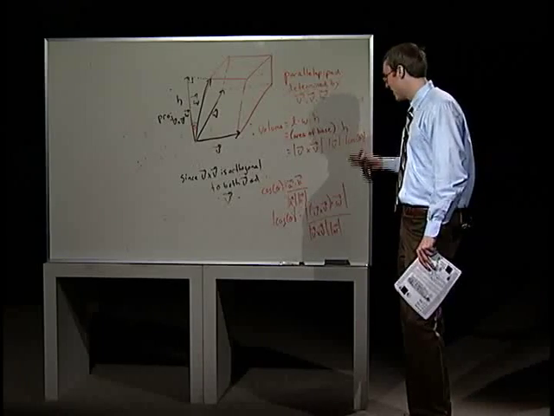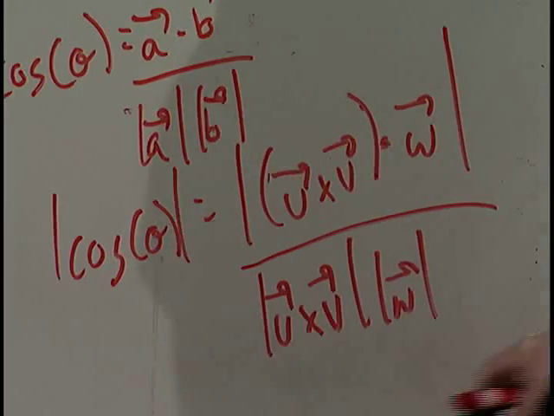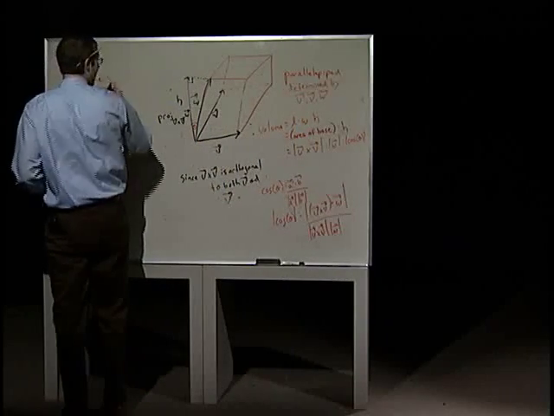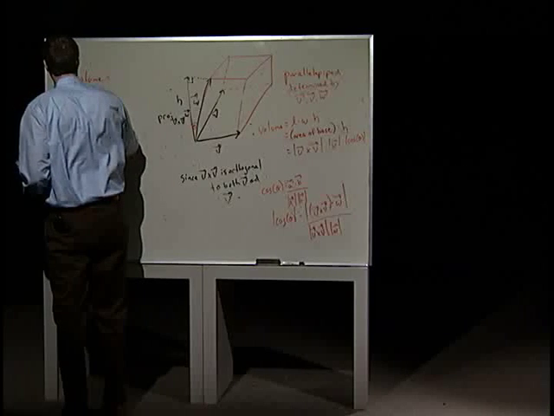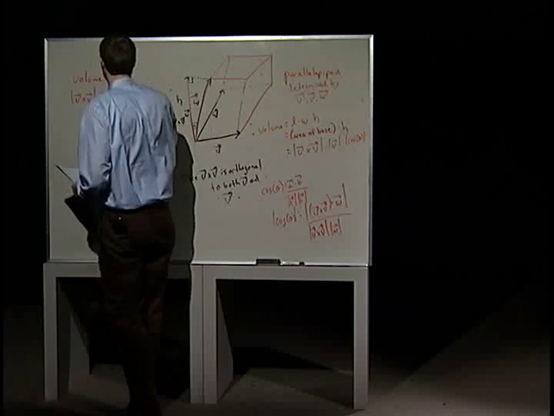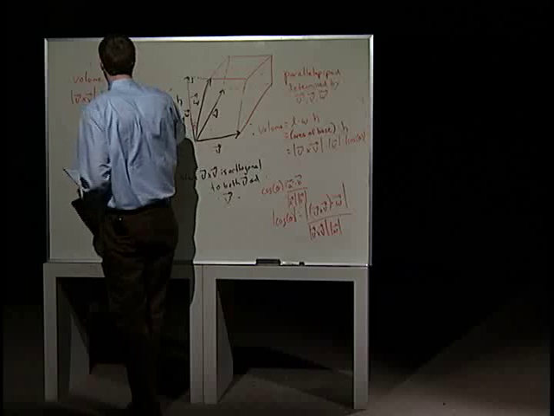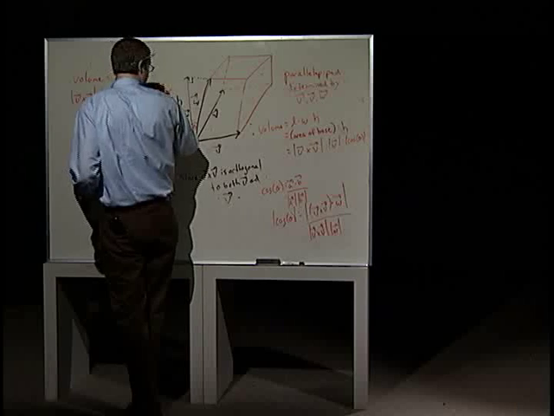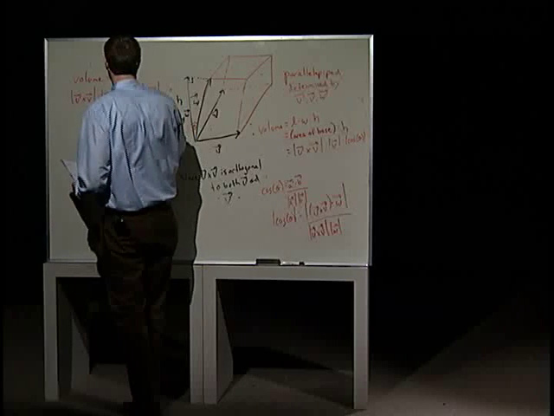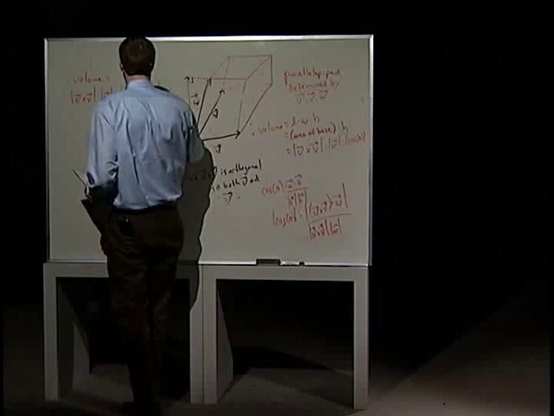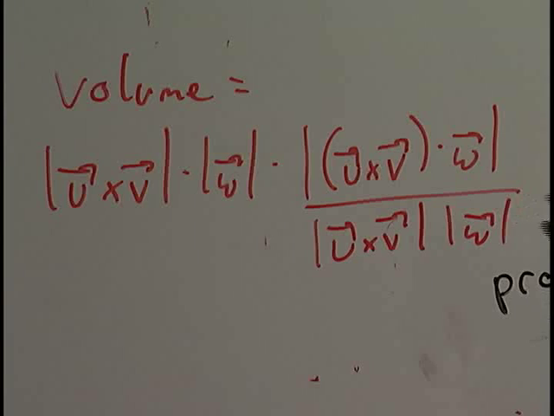And so this thing is equal to this, right? Let me come over here. So what do we have now? We have volume equals U cross V dot W times length of W times length of U cross V dot W, over length of U cross V times length of W. So we have this big expression that's been subbed in for the cosine.